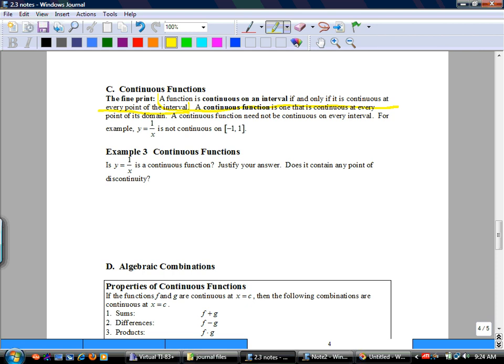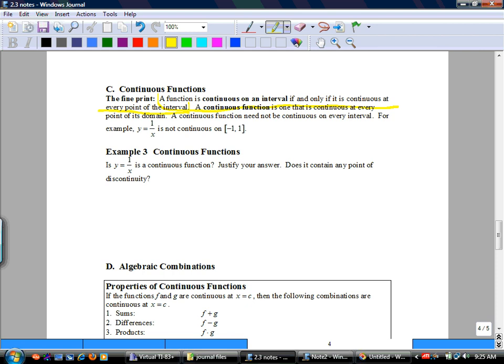For example, y equals 1 over x is continuous in its domain, but it is not continuous on the interval -1 to +1. Because at x equals 0, we have a point of discontinuity. Because 0 isn't in its domain.